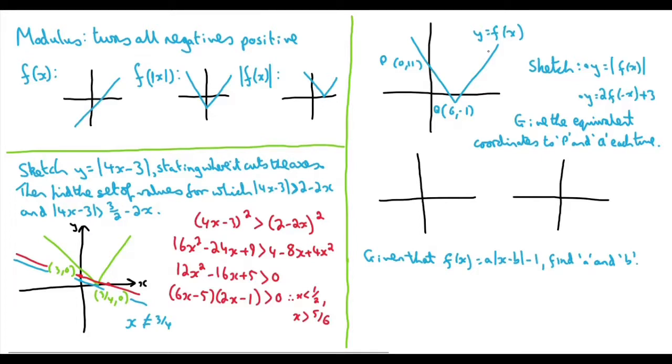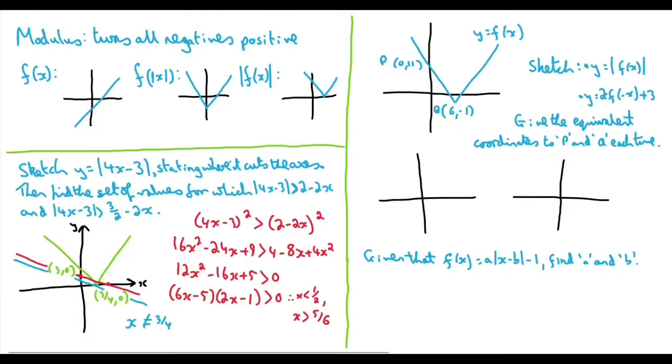All we know is this is your original curve as is, and based on this, now sketch, I'll do it on these axes here, but throw up some axes of your own on a piece of paper. So sketch what y equals the modulus of f(x) would be, and then also, just to make sure we're not forgetting what we discussed on the previous screen, y equals 2f(-x) plus 3.